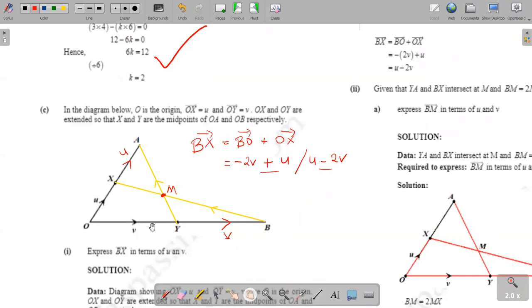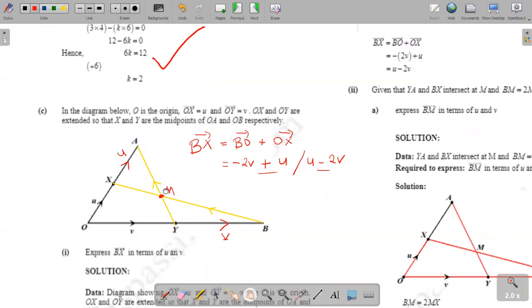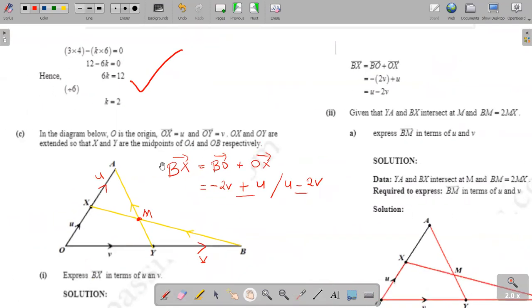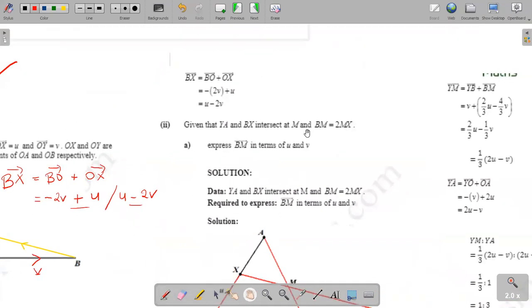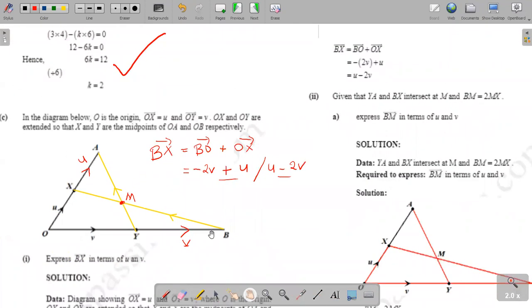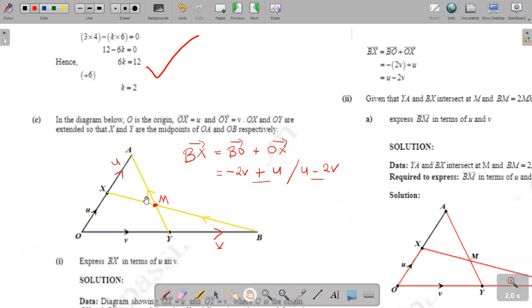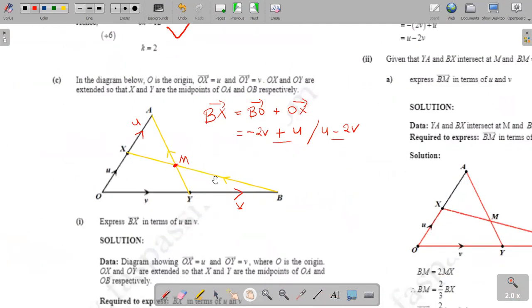So let me pause here. Everybody see how I got this diagram? All I did was do what they tell me to do. They say YA and BX intersect at M. And what other piece of information do they give us? BM is equal to 2MX. So if BM is 2MX, what does that mean? That here to here is 3 spaces, and these spaces here are equal.